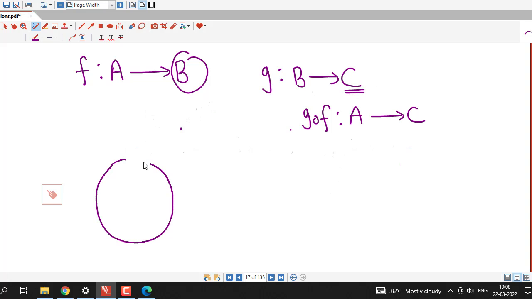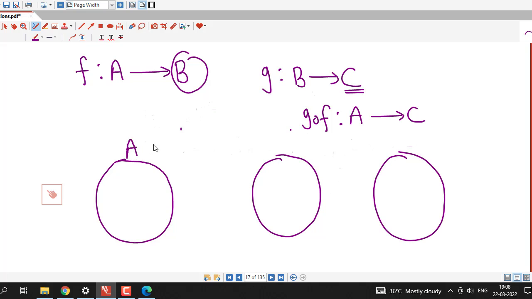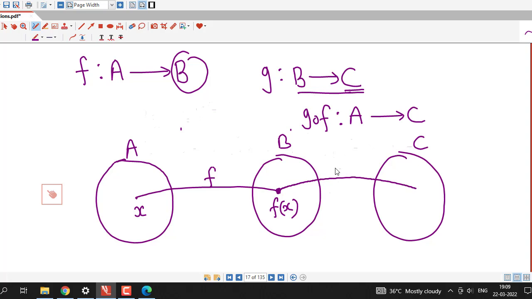We can understand with the help of a figure. Suppose we have these three sets A, B and C. And now f is a function from A to B. Suppose I consider x here. Then if I consider f as a function from A to B, then f(x) will be in this set. And g is a function from B to C. So this f(x), we evaluate value of g at this point f(x).